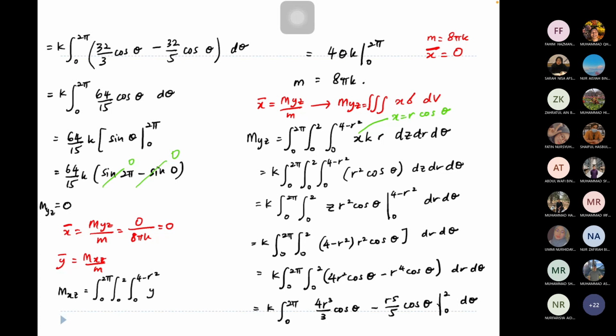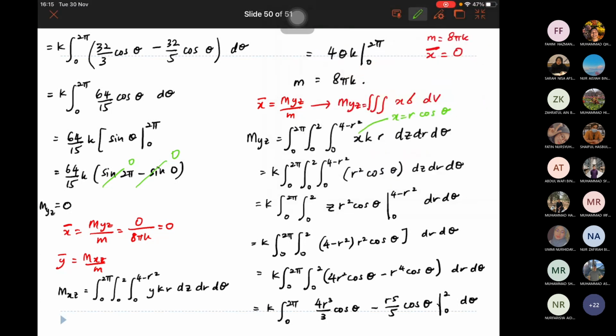That means darabkan dengan Y. K R dz dr d theta. In this case, Y akan sama dengan R sin theta.